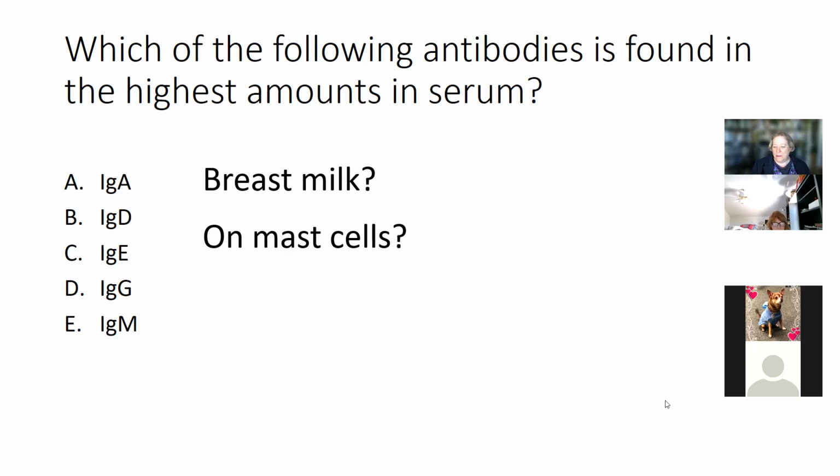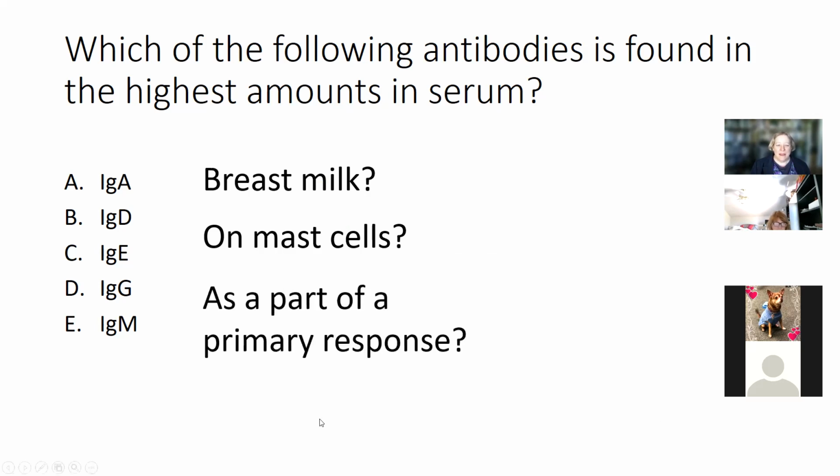Okay, so let's go ahead and relaunch the poll. I think I've got one more asking about antibodies. Which of the following antibodies is found in the highest amounts as a part of a primary or first response? Okay, we've got some good early voting. We've already passed 50%. Good job.